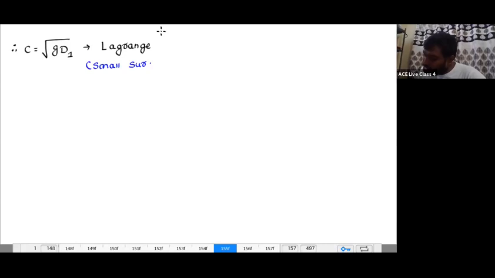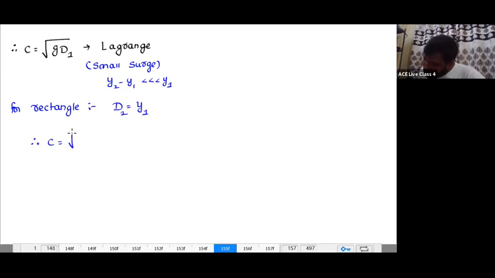Because in the case of the small surge, y2 minus y1 is very, very much less than y1. Yes or no? And if you go for rectangle, my dear, D1 is nothing but y1. So C is nothing but root of g y1. Sir, how did you get this as root of g y1, sir?